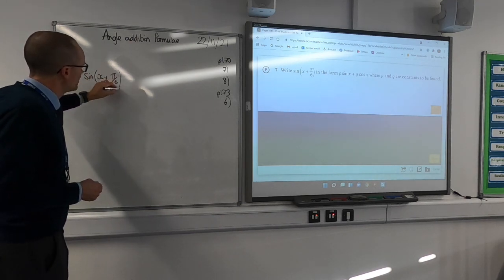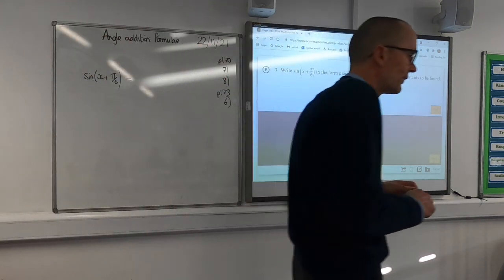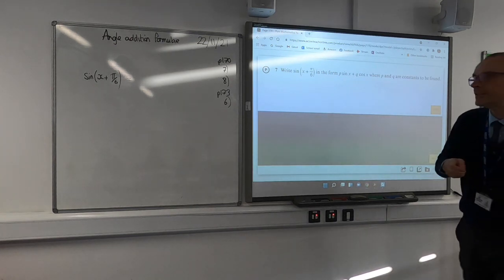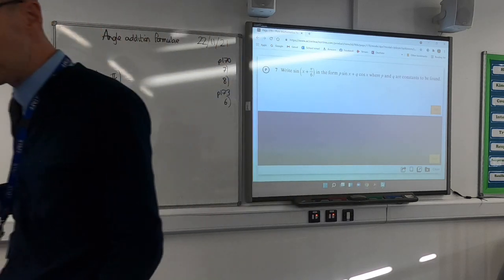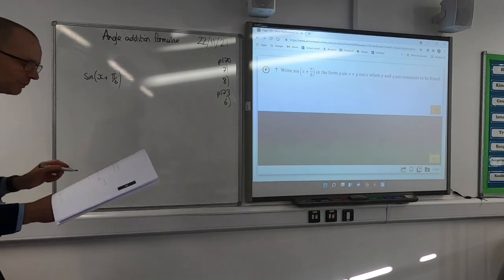Did you notice that your calculator needs to be switched back into radians for this question? So the first thing you're going to do is write down the sine a plus b formula, and you're going to make a equal to x and b equal to pi over 6.